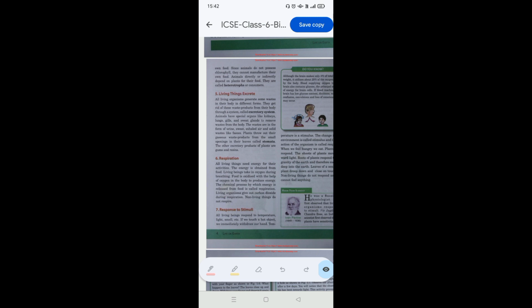In case of animals, they have special organs like kidneys, lungs, gills, and sweat glands to remove their waste from the body. The waste can be in the form of urine, sweat, exhaled air, solid waste like feces, and in case of plants, they have gaseous waste products and they excrete through their openings called stomata, and their other excretory products are in the form of gums and resins.